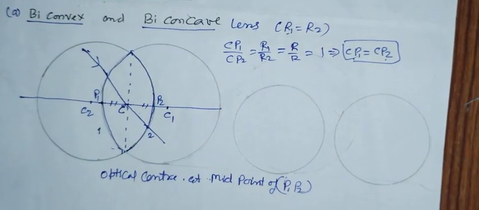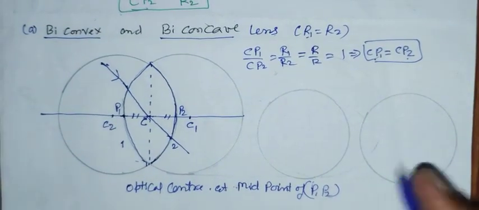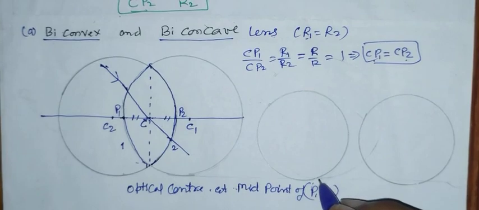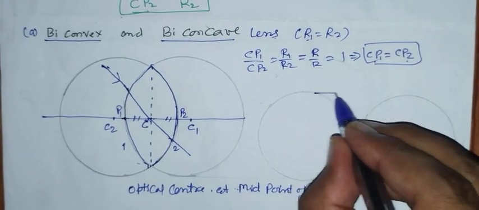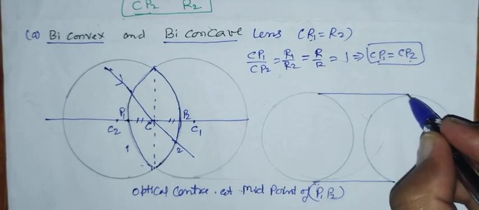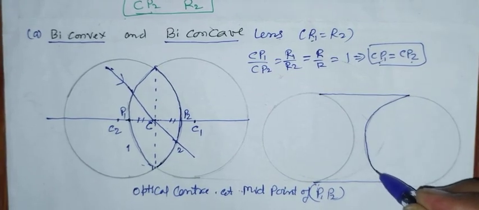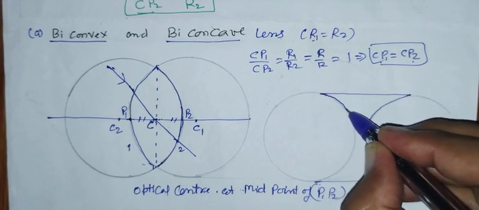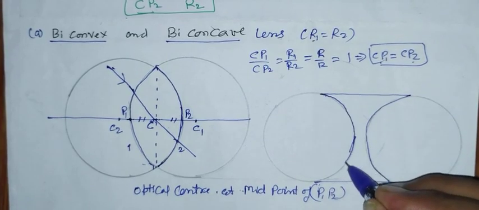The same situation occurs here in case of a concave lens also. Let us consider a concave lens of equal radii of curvature.